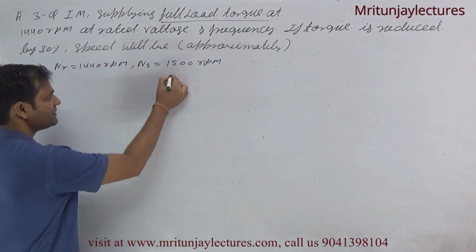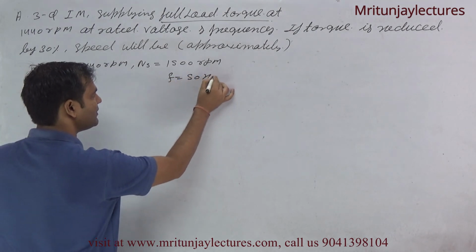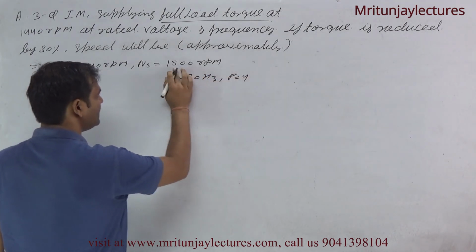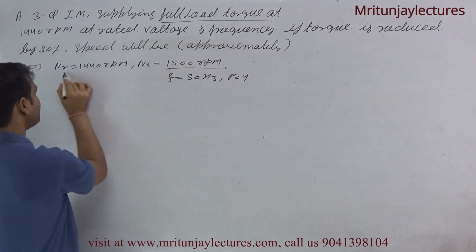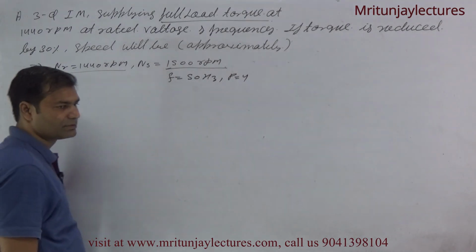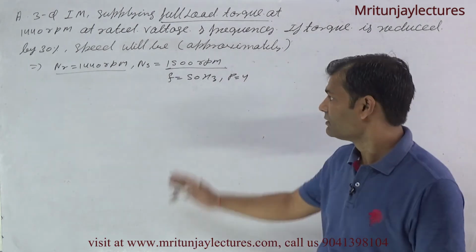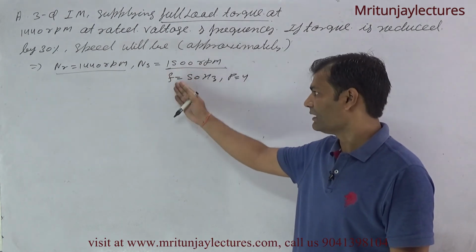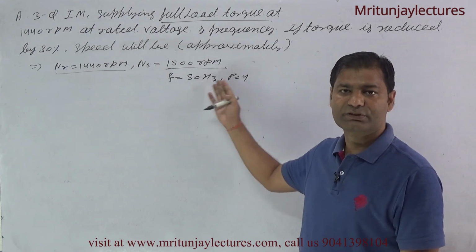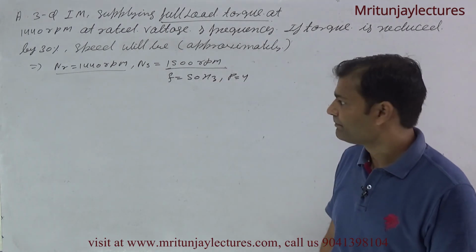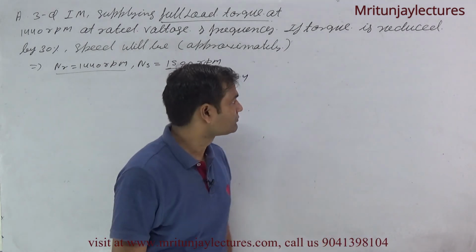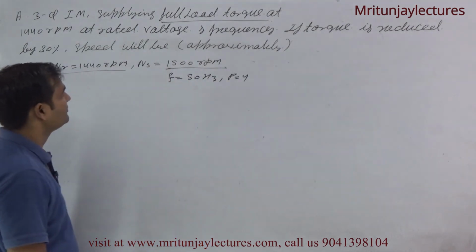So if f is equal to 50 Hz and the number of poles is 4, then the synchronous speed is 1500, and since nr is closer to 1500, we consider ns like this. That is a standard value.